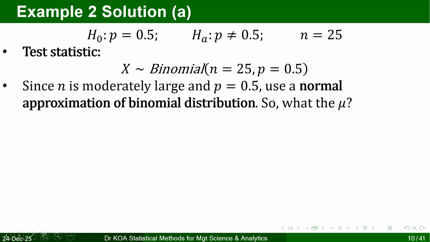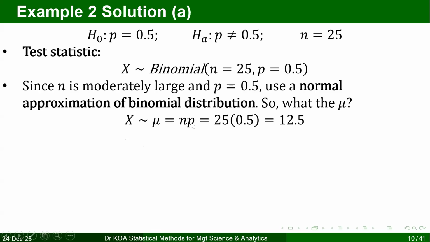So since N is moderately large, we are going to use a normal approximation of the binomial distribution. A binomial distribution is distributed with a mean of N times P. If you can remember back, the mean of a binomial distribution is NP.